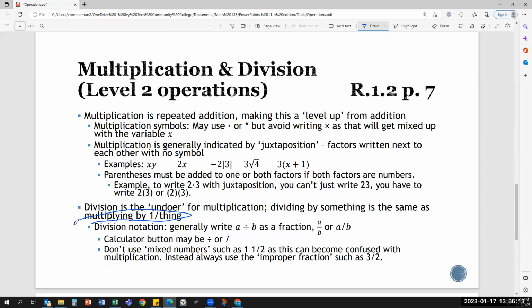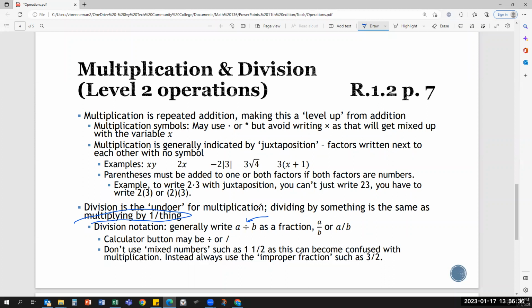That's important to understand. You'll see division typically in this course written as a fraction, so you won't usually see that division symbol. If you think about it, though, that division symbol kind of is showing a fraction with the dots representing the values above and below.